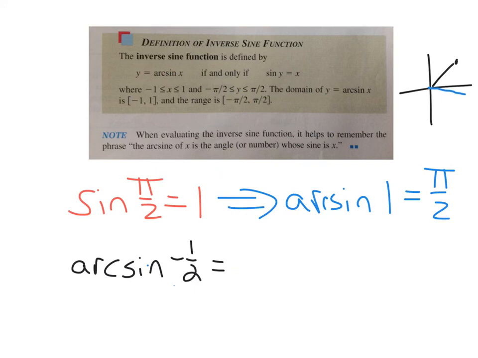So the sine of what angle gives us negative 1/2? That would be negative pi over 6. So the sine of negative pi over 6 gives you negative 1/2. And that's going to be how all of these inverse trig functions work. Okay, that's the way you want to say them.